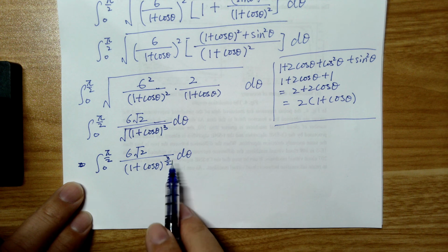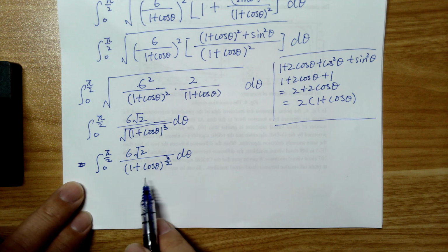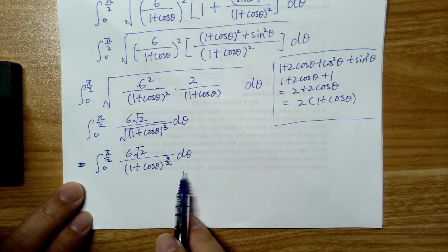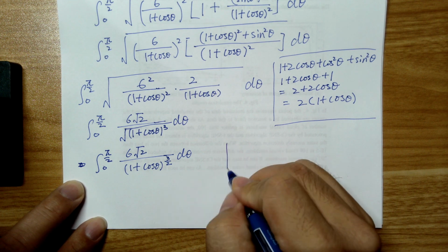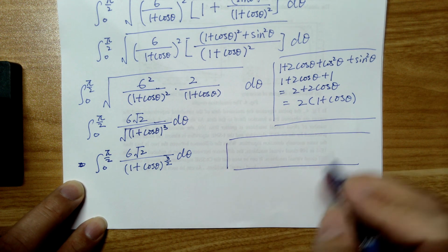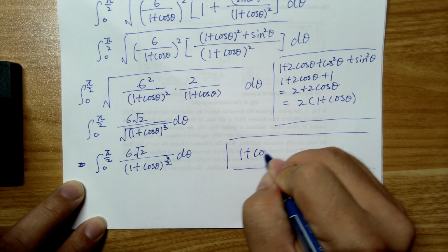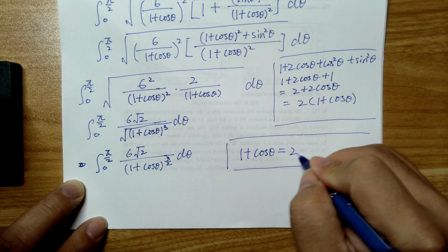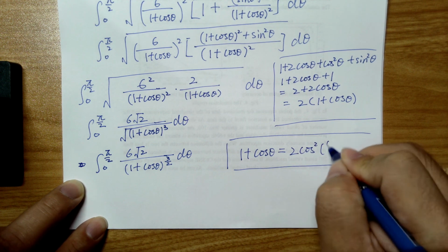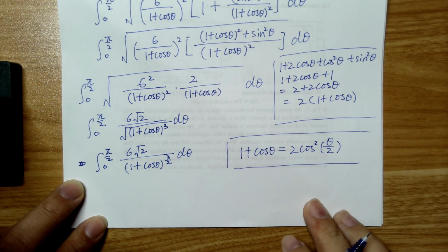And then to the power of 3/2. So for this specific part, we're going to need one trig identity to help us simplify this process. That is, 1 plus cosine theta equals 2 cosine squared of theta over 2.